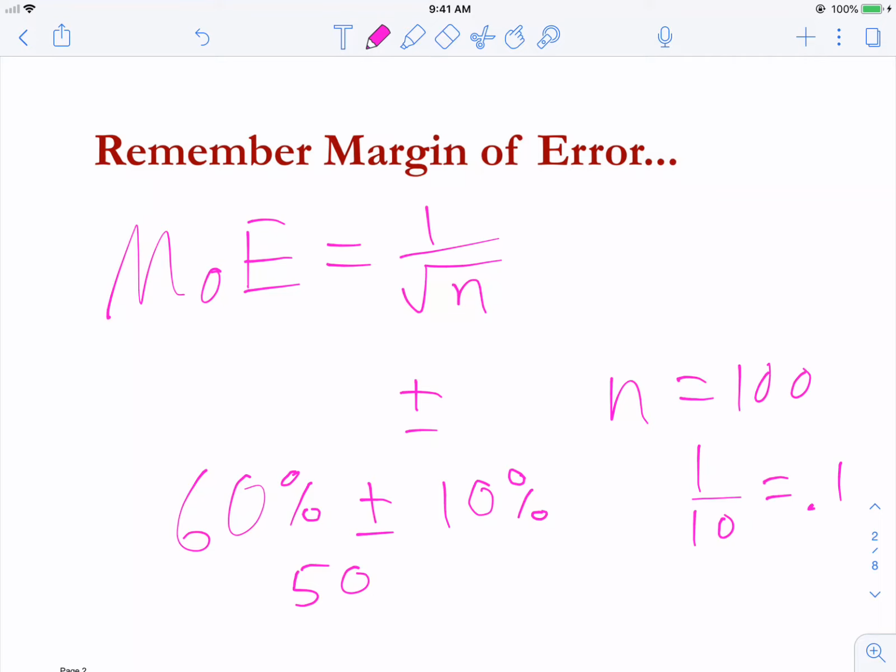You're pretty sure between 50 and 70% of that population favor that candidate as a whole.